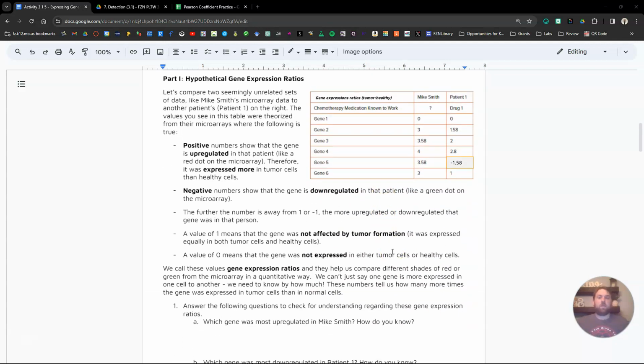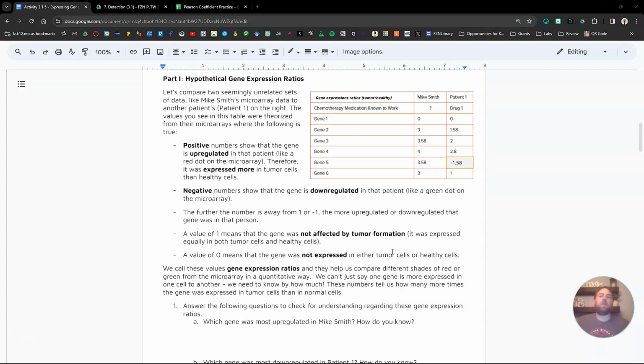So part one, we are looking at hypothetical gene expression ratios. These are made up numbers, meaning that these tell us how red or how green those colors were in the microarray. We need numbers to be able to tell us how bright of a red it was or how dull of a red it was compared to another patient, because we need to be able to quantify two sets of color data.